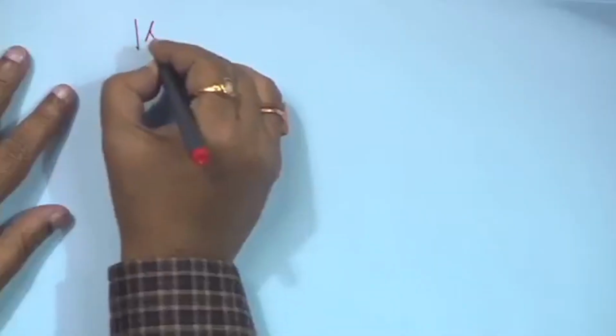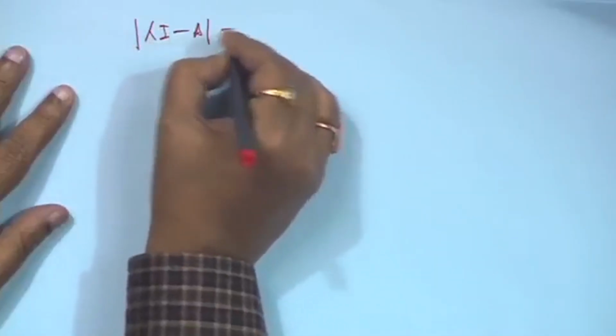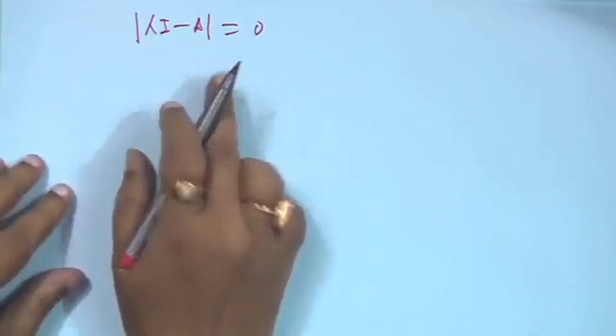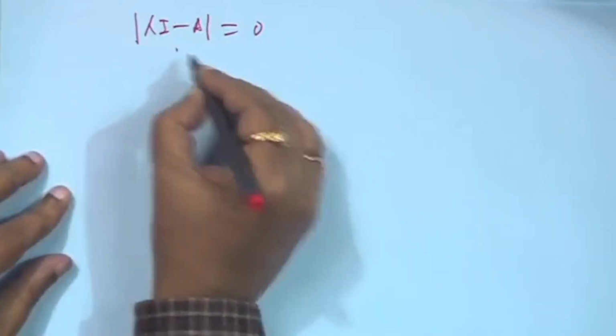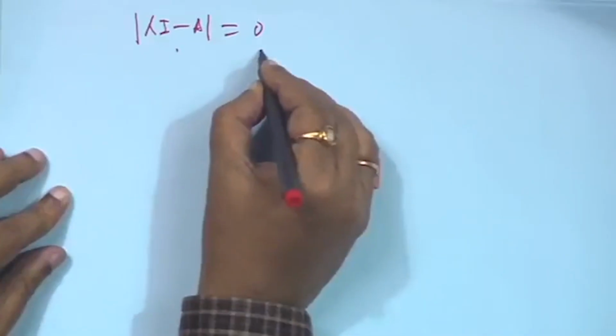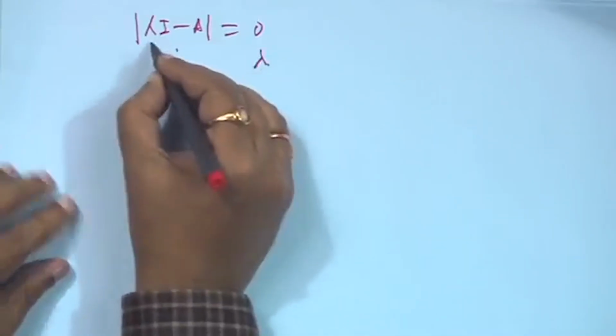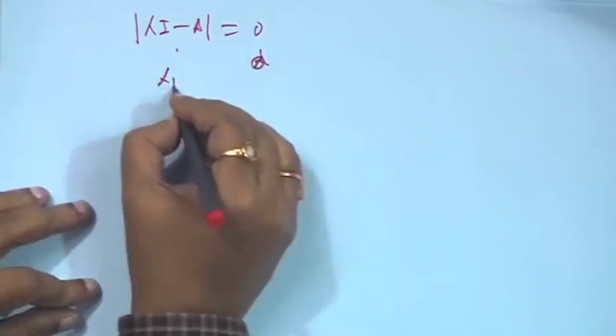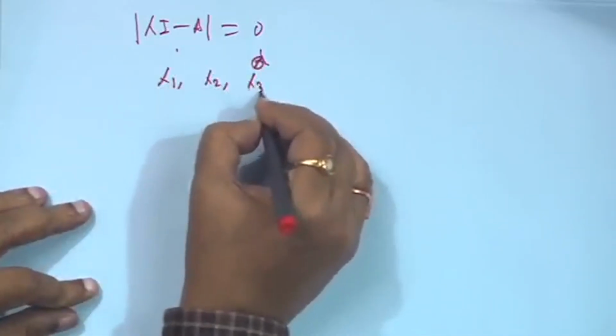The characteristic equation you can write as determinant of lambda I minus A equal to 0. From that you will get all the eigenvalues. Actually lambda is written differently, but this has become my habit. So, it is lambda 1, lambda 2, lambda 3 and lambda 4.